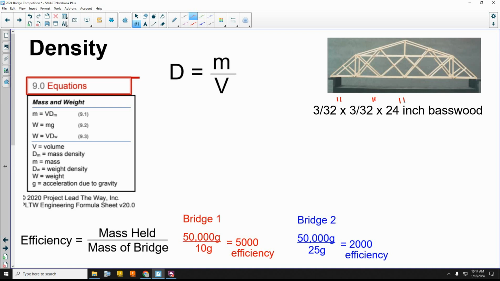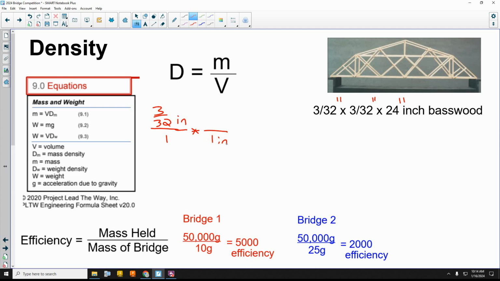Okay? Most of our bridge, we're building it, and our constraints are metric. So 3/32 of an inch, and we want to change that into centimeters.